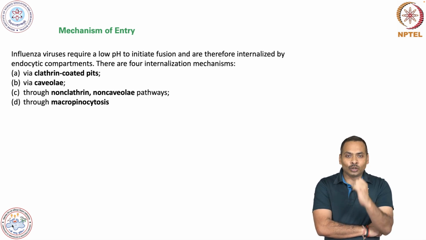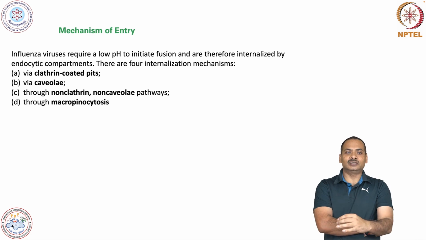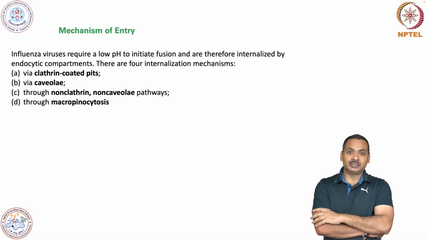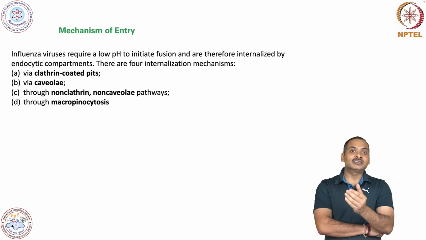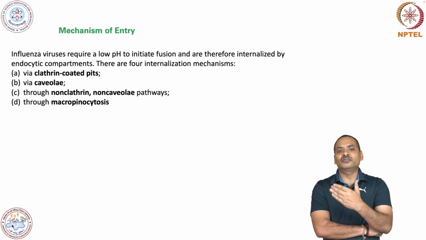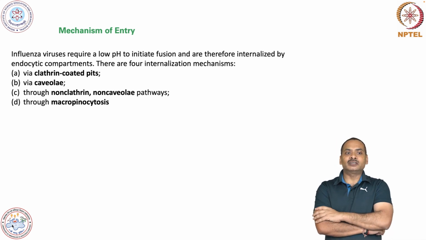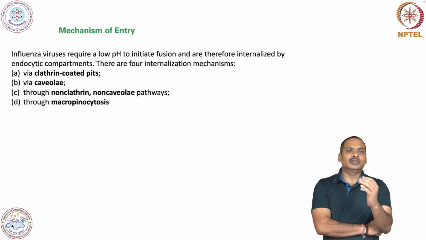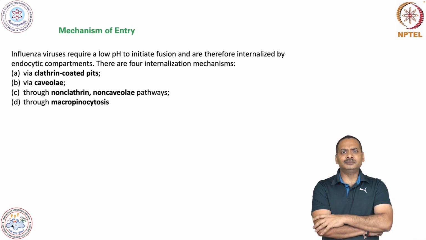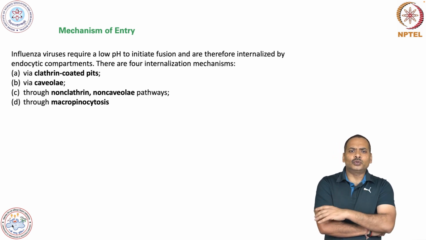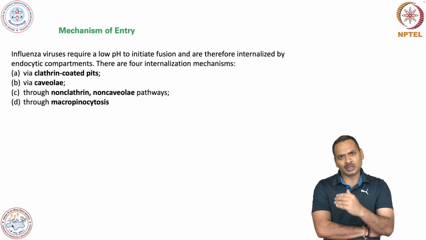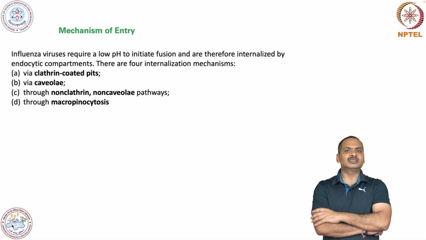In order to infect the host cell, the influenza virus needs a low, slightly acidic pH to initiate fusion and therefore internalization by the endocytic compartment. There are four internalization mechanisms, which I hope you are aware of if you have studied cell biology.